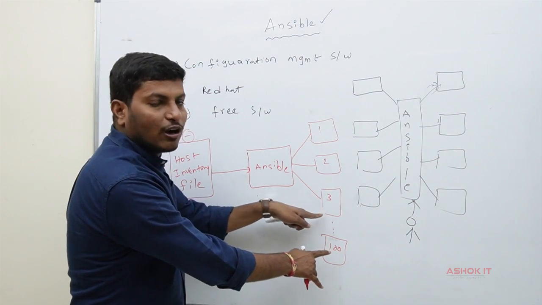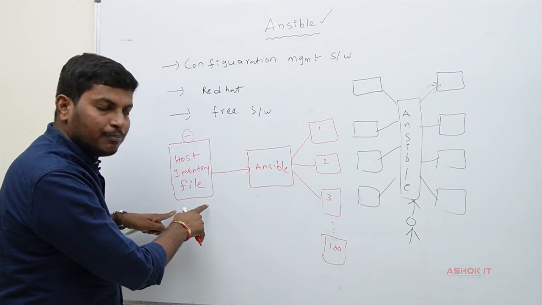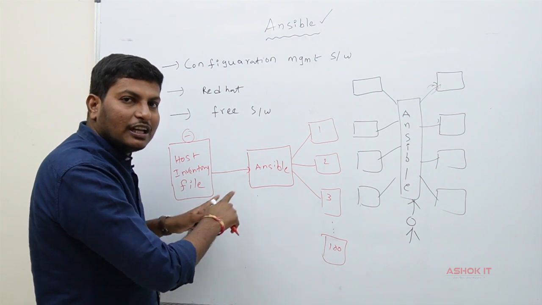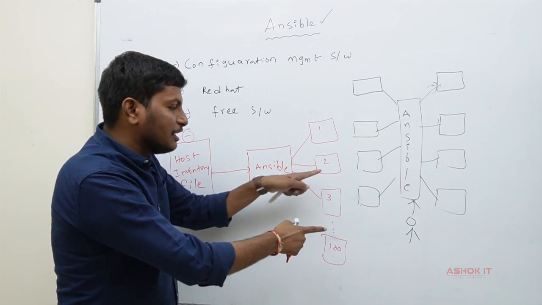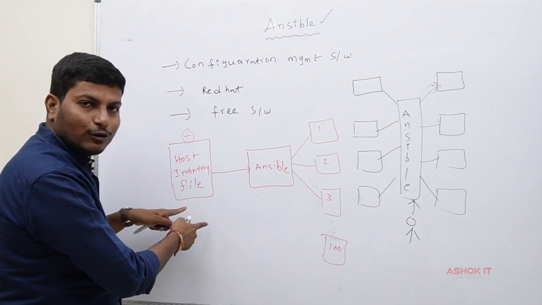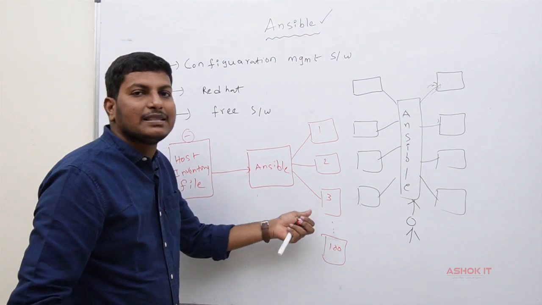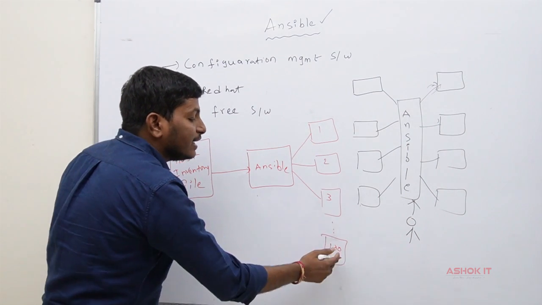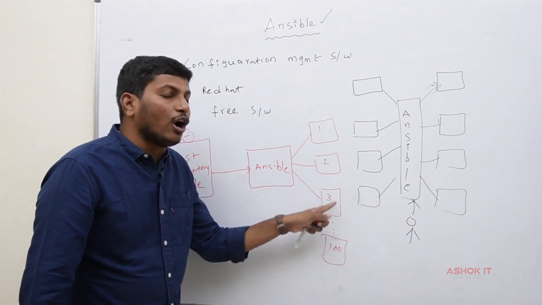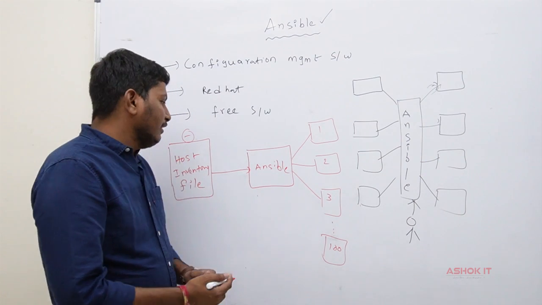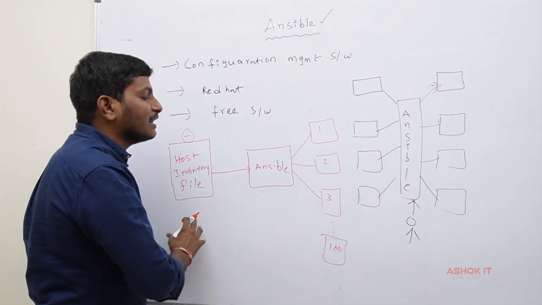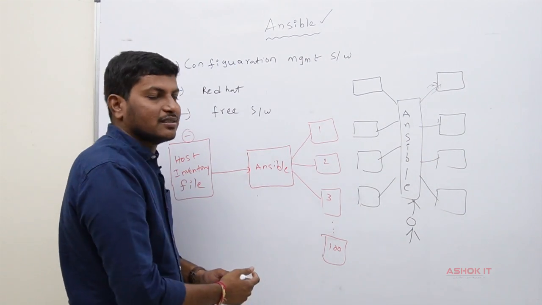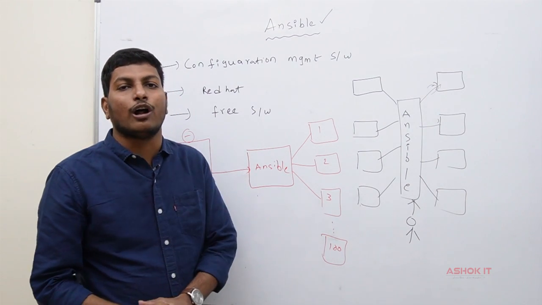Those three machines I will configure as DB servers group. I will tell Ansible, install the database in the DB server group. Three machines available in the DB server group. Only in those three machines, MySQL software will be installed. For example, I want to install one SSL certificate in all the machines available. I will tell Ansible to install that SSL certificate in all the machines. Ansible will perform that activity in all the machines.